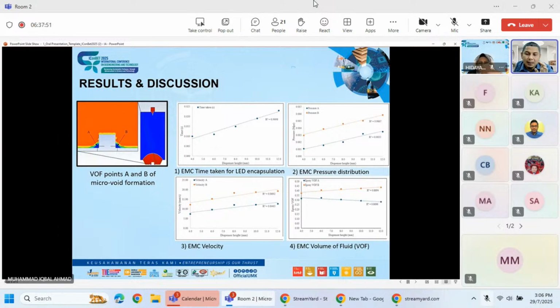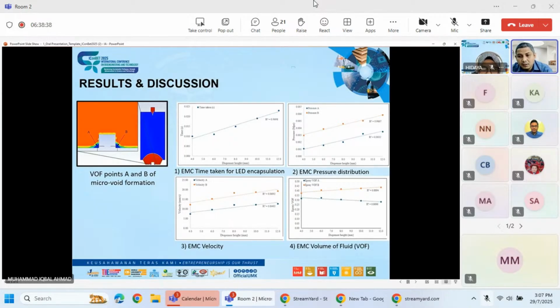We stop at the encapsulation process only, so there is no curing process in this simulation. For the development of the microvoid, we can see the EMC pressure distribution developing at point B from the low dispensing to the high dispensing, which is the pressure at point A and pressure at point B. Across the line, in both the pressure distribution and the velocity distribution, the higher the dispensing height, the more the EMC will splash and develop a larger area of microvoid.